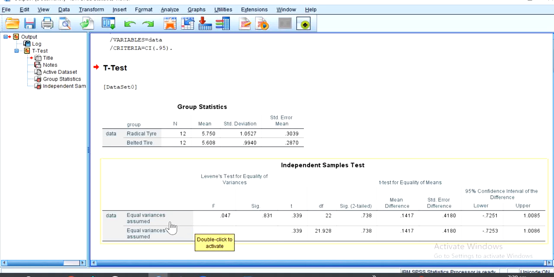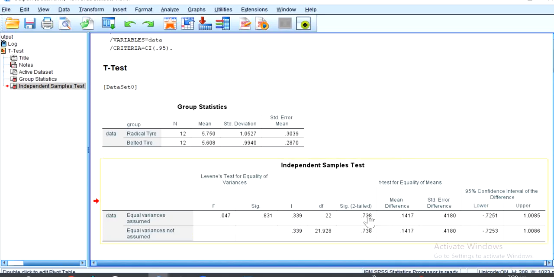Here we have the output, and the significant value, the p-value, is 0.738, right? This is the significant value.